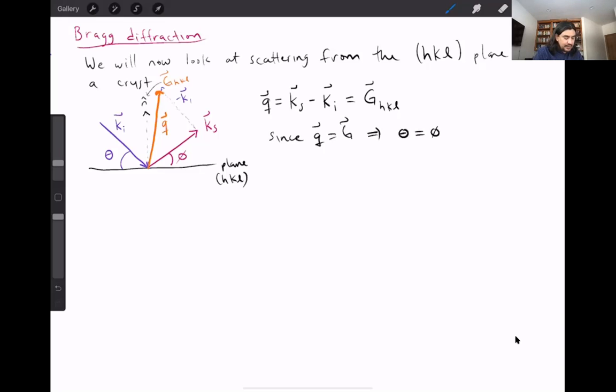So this graph is not correct. This theta and this phi angle have to be the same so that Q is right on the normal. And then further, we have that the two angles are equal and that the sum of the two vectors is making an isosceles triangle. So we have the law of reflection from optics. So that would be how we get reflection from the planes.